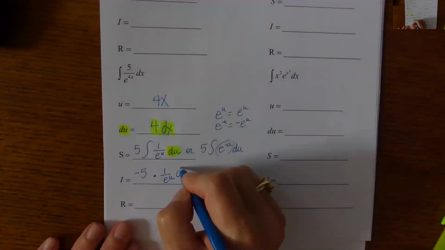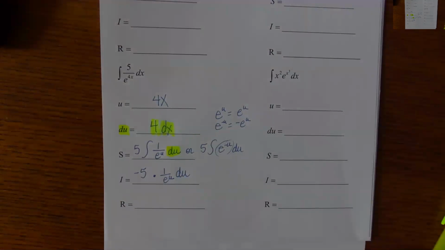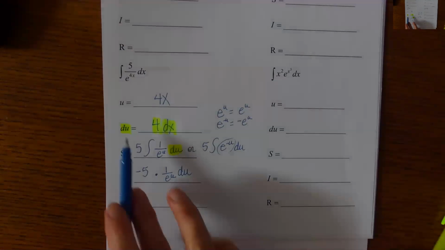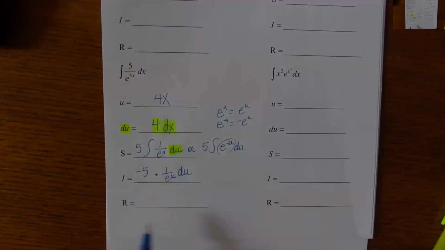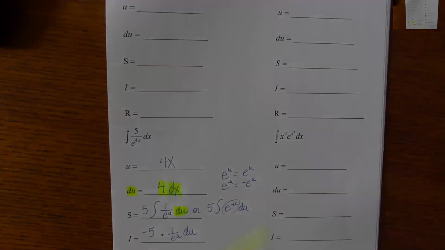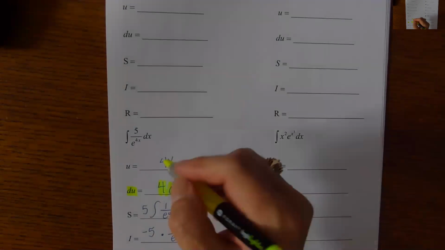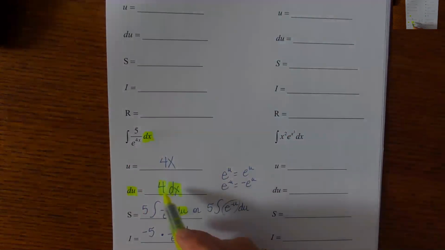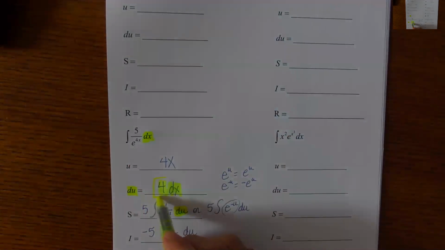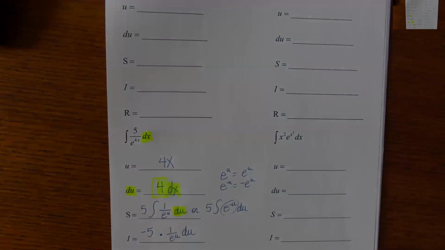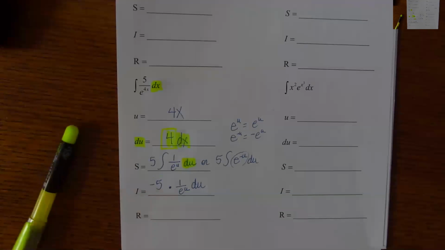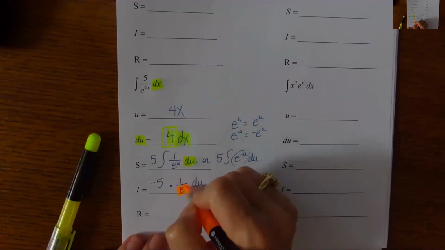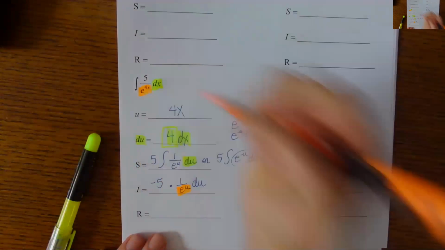So when we look at this problem, we wrote du down. Du is 4dx. Okay. So this du is this, but there's an extra 4. Do you see how this du now holds an extra 4 that wasn't there before? So this right here is this right here, correct?